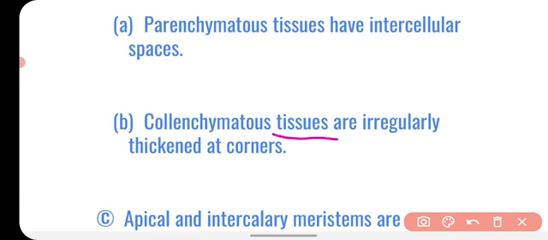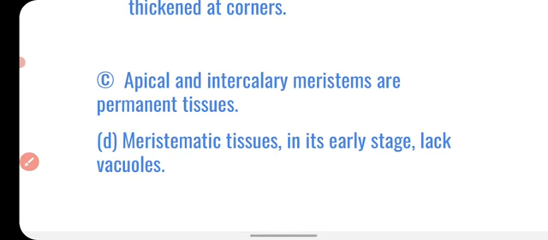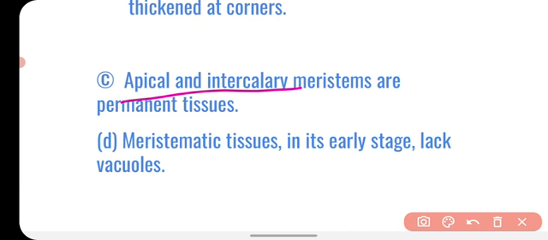Collenchymatous tissues are irregularly thickened at the corner. You know that the cells found in the collenchyma are irregularly thickened, they are thickened at the corner. So this is the correct statement. And the third statement is apical and intercalary meristems are permanent tissues. You know that the apical and intercalary meristems are not permanent tissues.